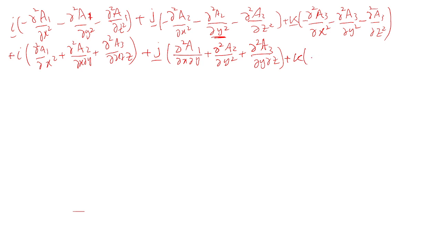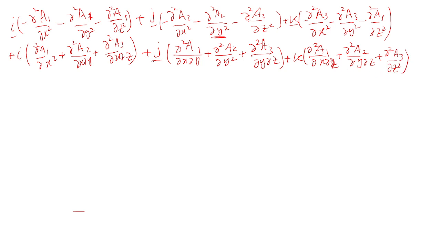So here we have partial square a1 partial x partial z plus partial square a2 partial y partial z, and I will add this term in here, partial square a3 partial z square.